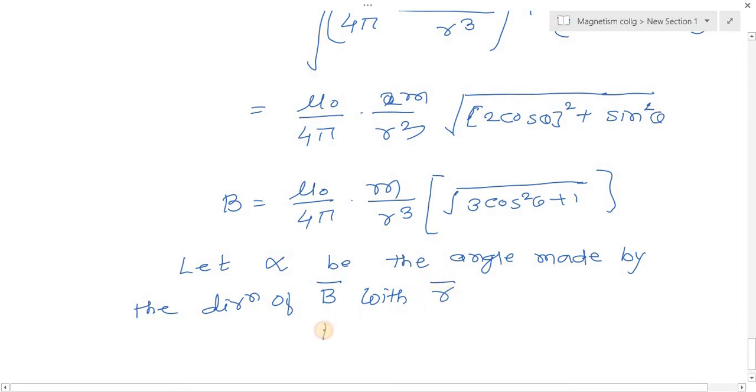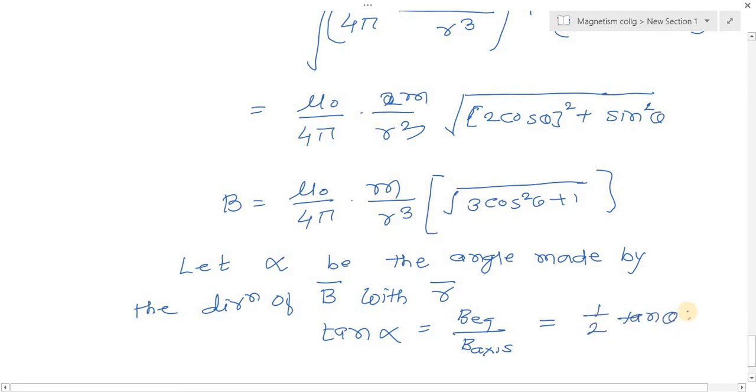Then tan alpha is equal to B equator upon B axis. Tan alpha is equal to B equator upon B axis, that is 1 upon 2 tan theta.